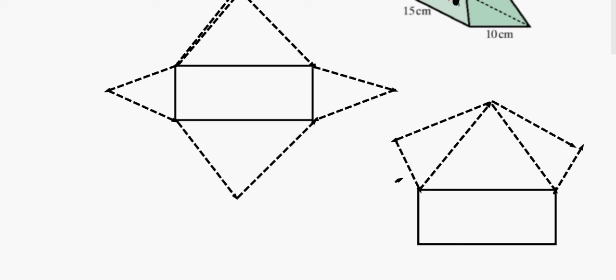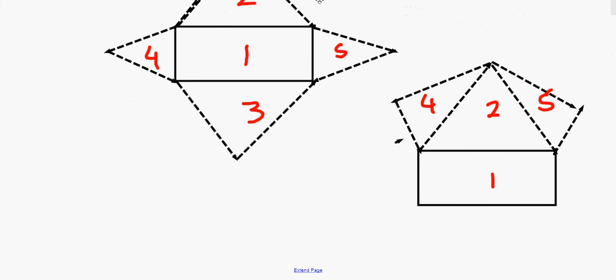If you were to label them in the first one, that'd be side 1, side 2, side 3, 4, and 5. That's still 1, that's still 2, that's 4, that's 5. And what's the only one I'm missing? 3. Missing number 3 down here. Is that okay with you guys? So there are your two nets.